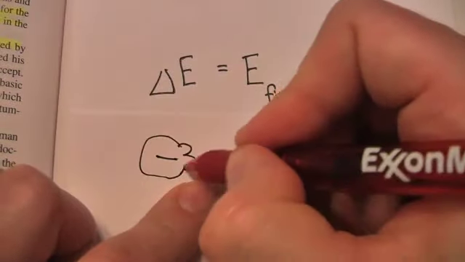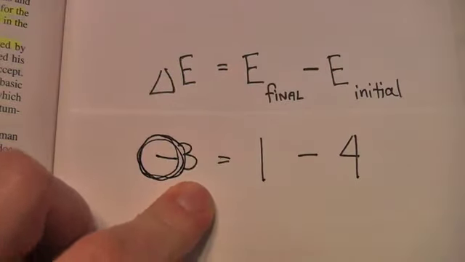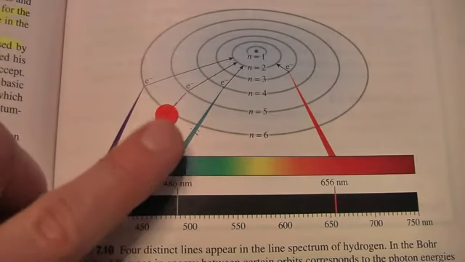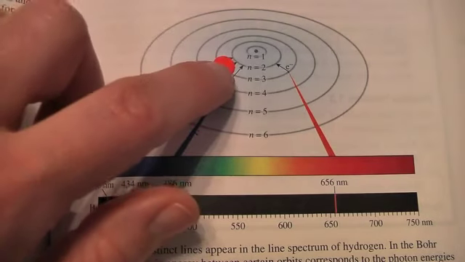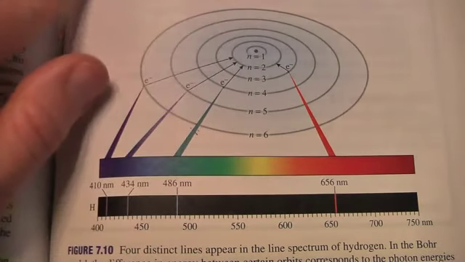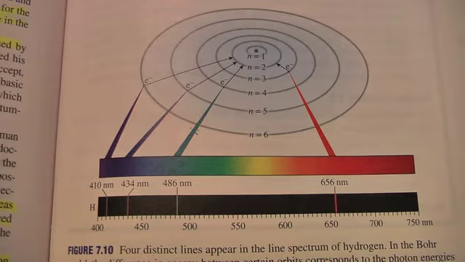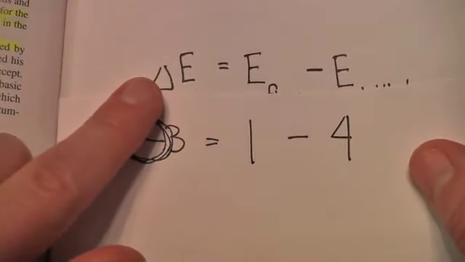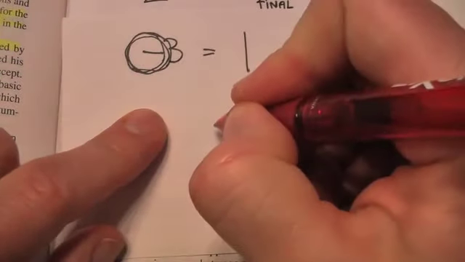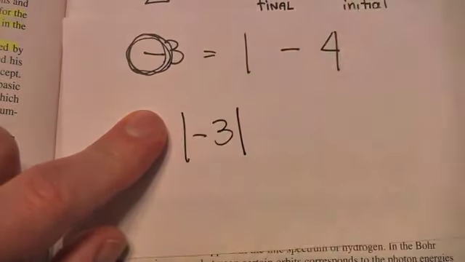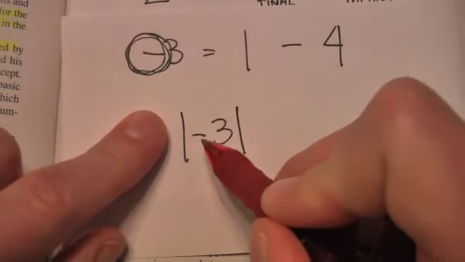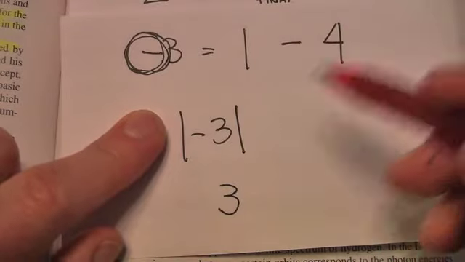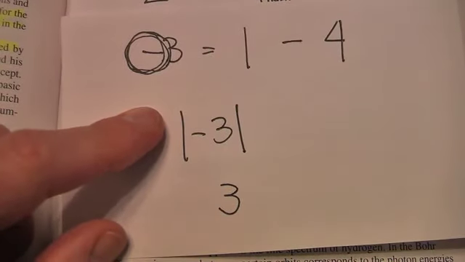My change in energy is negative for an electron that is going from an orbit out here to an orbit closer to the nucleus. Energy, though, should be the absolute value, so the change of energy is negative for that example, but the energy should always be the absolute value. So the absolute value of -3 is 3. Now these are just example numbers. You'll be dealing with numbers that are much smaller.